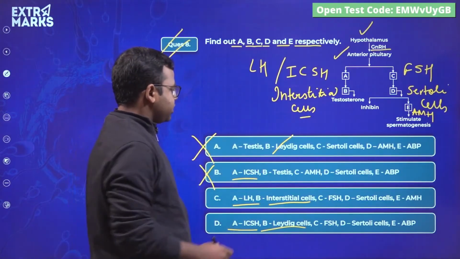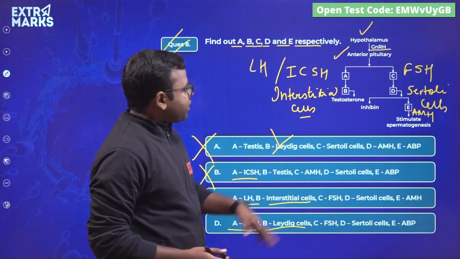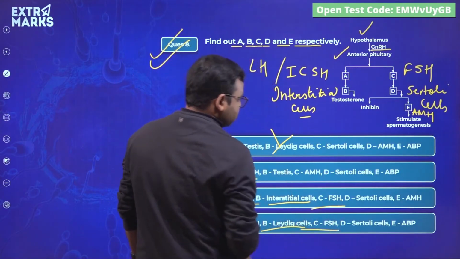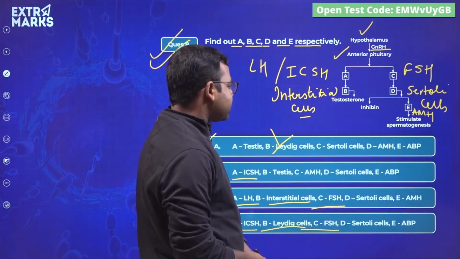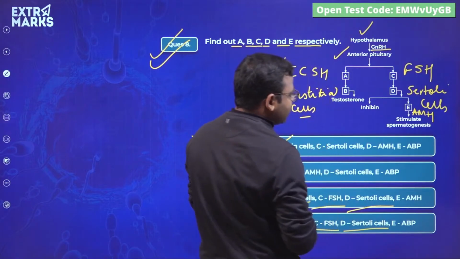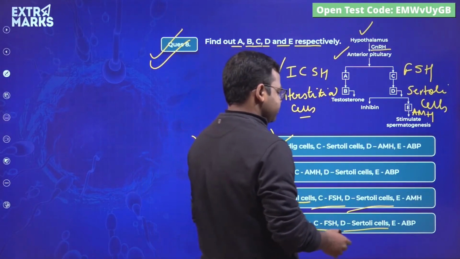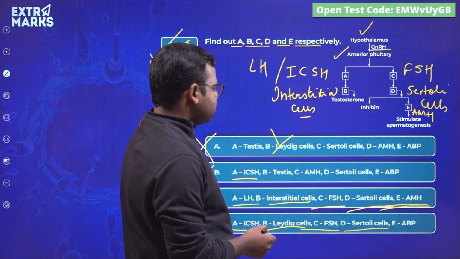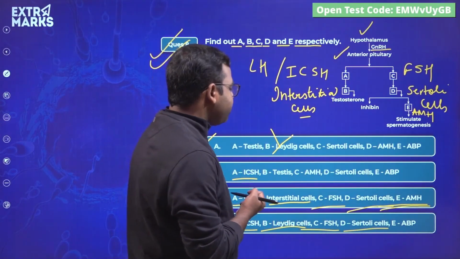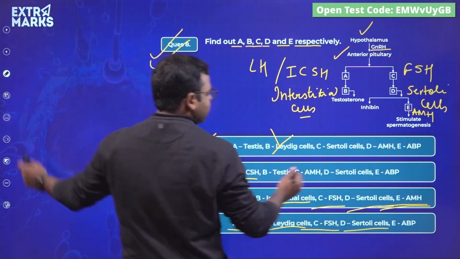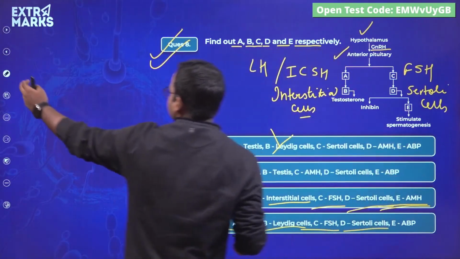This was already eliminated. Then go with C, C is FSH in both of them. Then go with D, D is Sertoli cell in both of them. And then E is here AMH, only in this option. It should be not AMH, it should be ABP. The correct answer should be ABP.